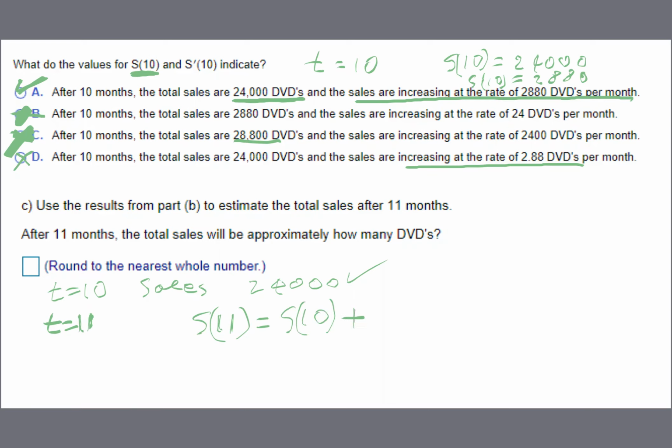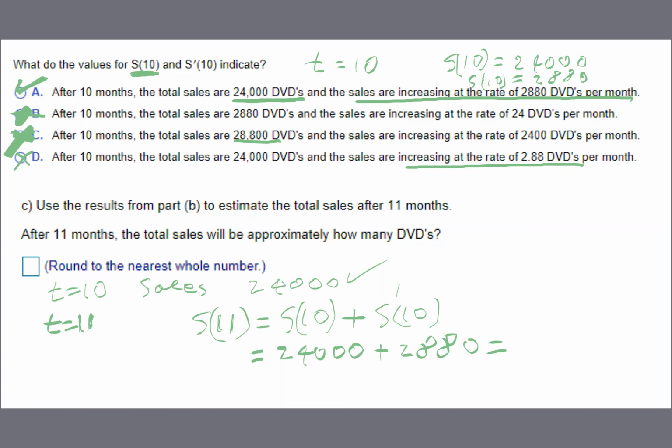And that's what we had evaluated in B. So plus S prime of 10, because S prime of 10 tells us the increase per month when 10 months have passed. Okay, so S of 10 was 24,000 plus 2,880.